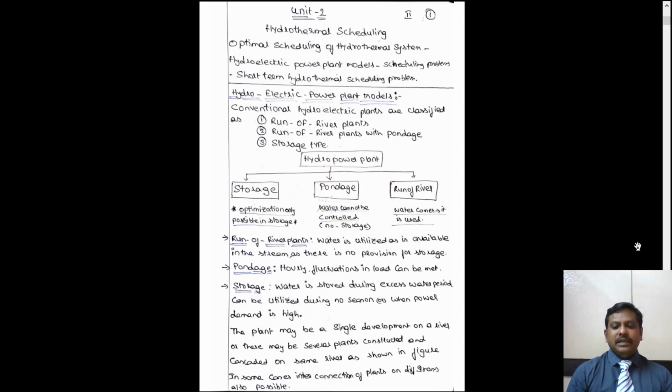The plant may be a single development on a river, or there may be several plants constructed and cascaded on the same river. For example, the Krishna River flows from Maharashtra, Karnataka, Telangana, and enters the ocean in AP. So there are several plants constructed right from Maharashtra to Andhra Pradesh.